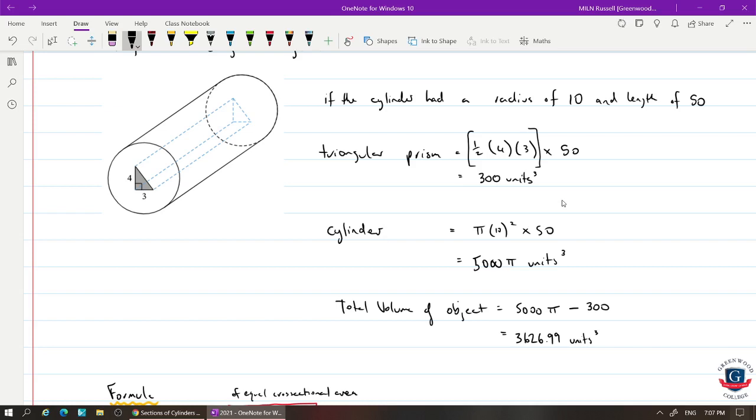And then take 300, which gives me 15,407.96 units cubed. Hopefully I've done that correctly now.